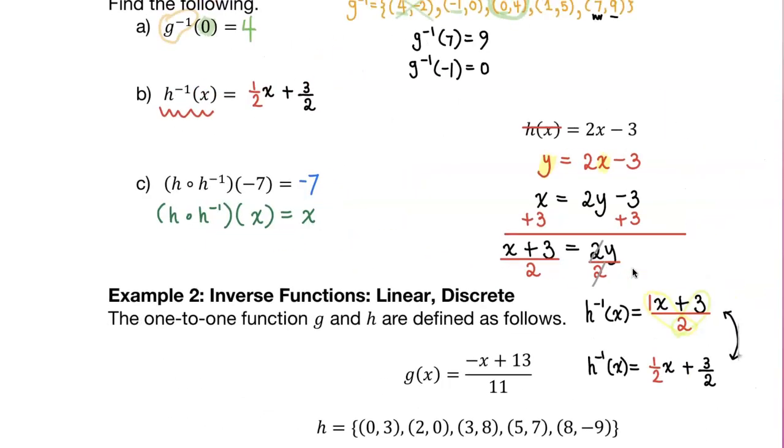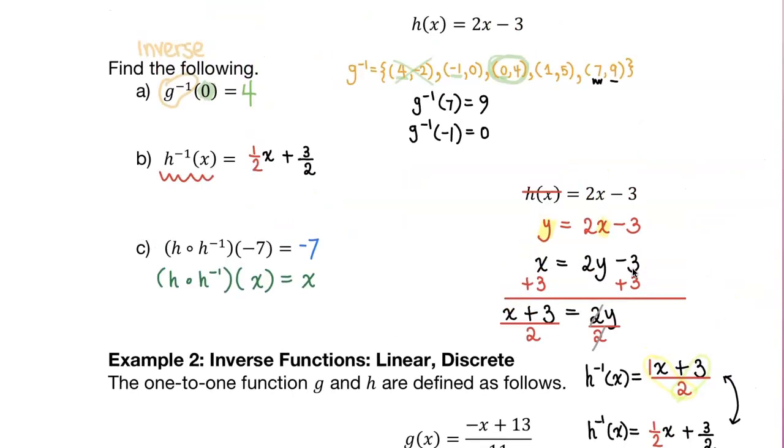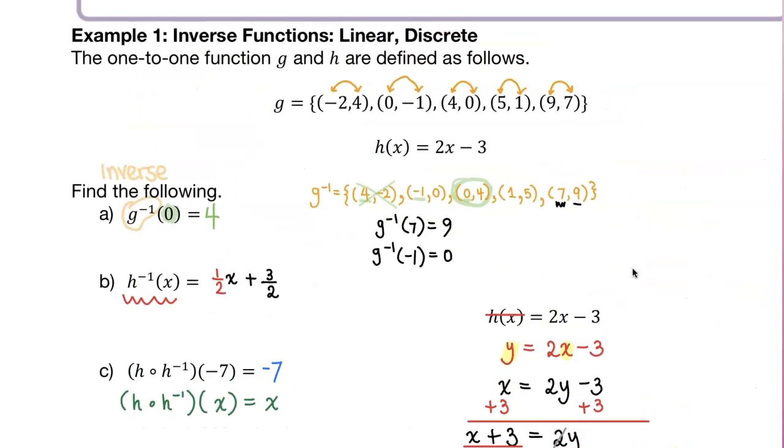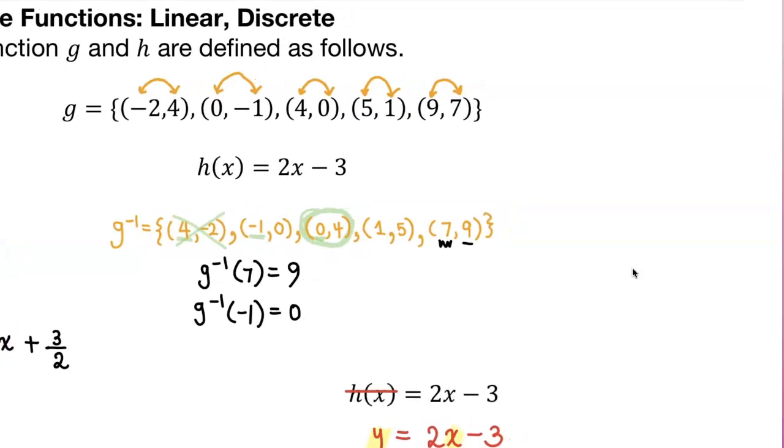I didn't really want to do another composition of functions all of a sudden, but if I use a little discrete example over here that we used, what if I ask you to do g composed with g inverse of, let's say, 7? See, what happened is I plug in 7 into the inverse function, and I will get a 9 out.